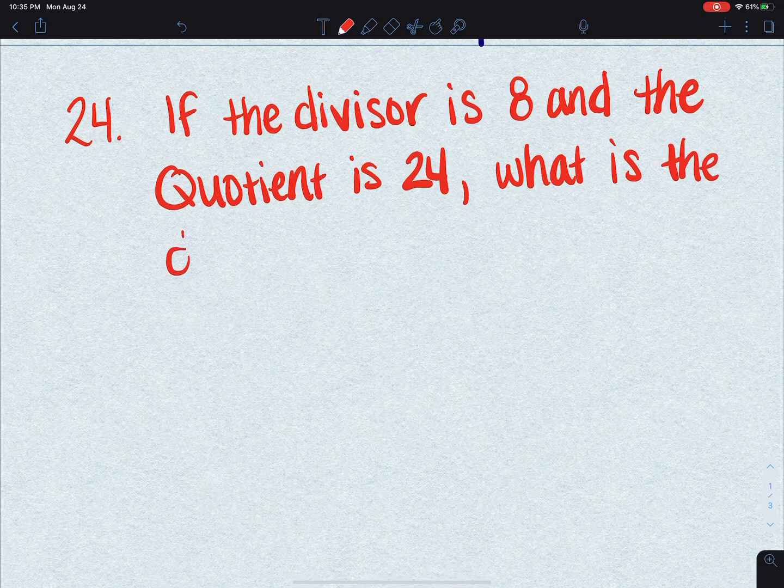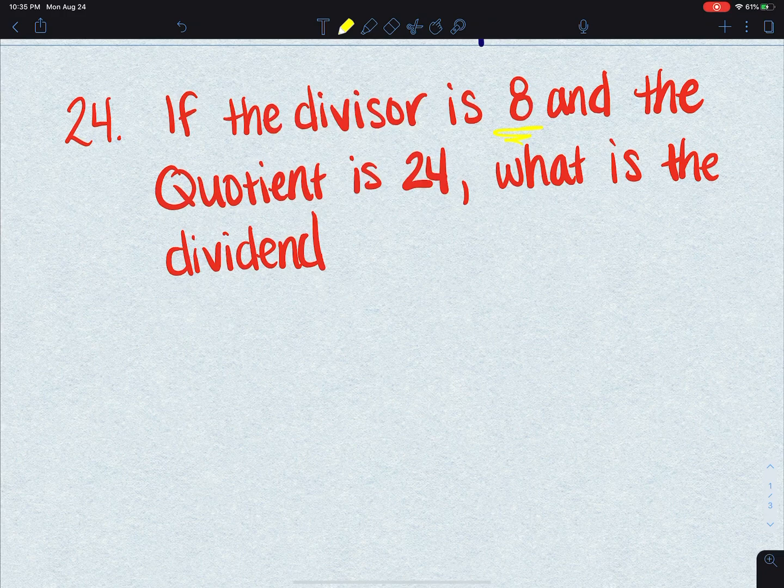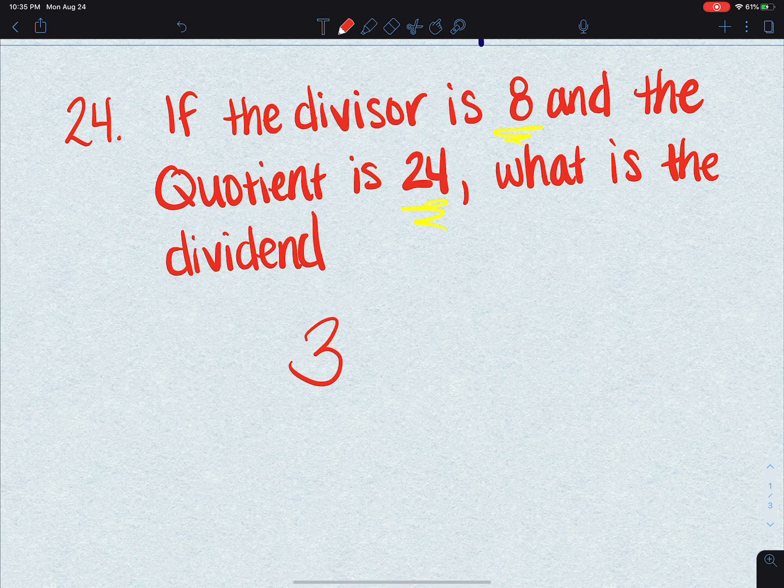What is the dividend? Okay, and I know what you did. You kind of figured out that, well, I know that 8 and 24 are in a fact family, and you put the answer as 3. But that is not the right answer.